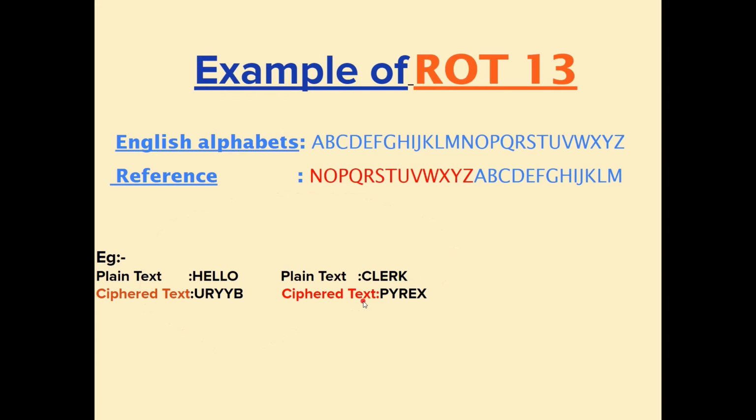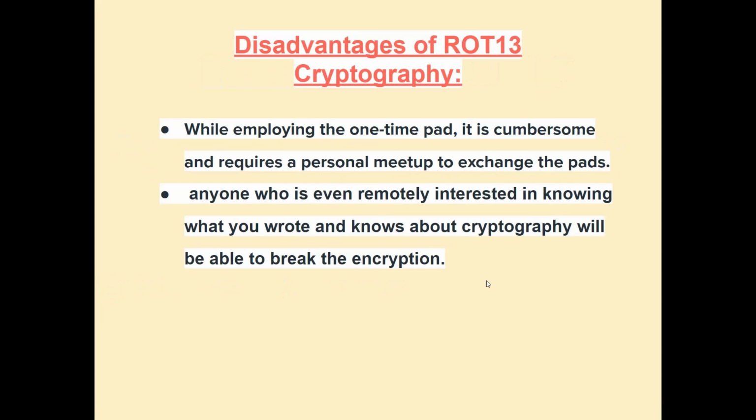Now, it was well and good, but there are problems with this ROT13 principle or ROT13 algorithm or cipher, whatever we say. Now, what are the disadvantages? While employing the one-time pad, it is cumbersome and requires a personal meetup to exchange the pads.